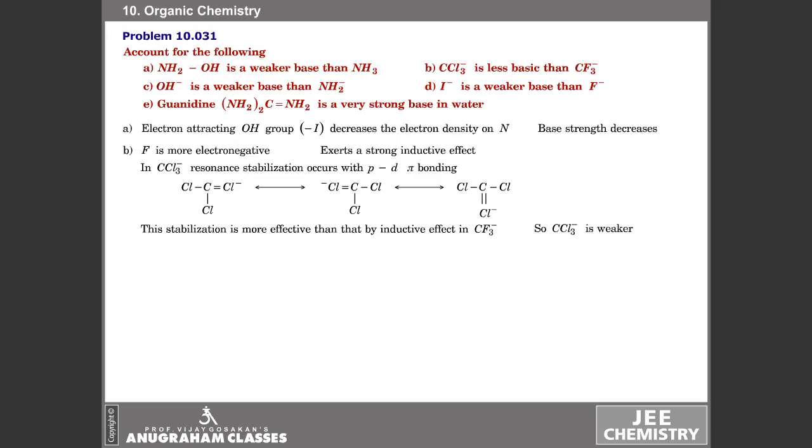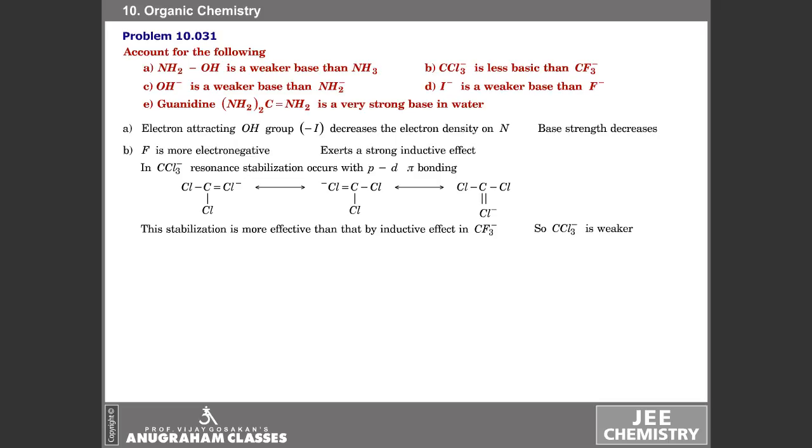But chlorine can make use of d orbitals, and we are able to draw 3 canonical structures where the charge can be delocalized. This resonance stabilization is more effective than the stabilization by inductive effect, which makes CCl3 minus a more stable species and hence a weaker base.